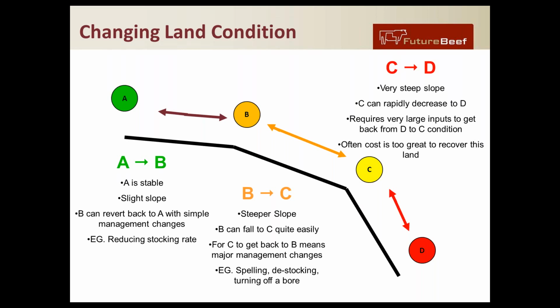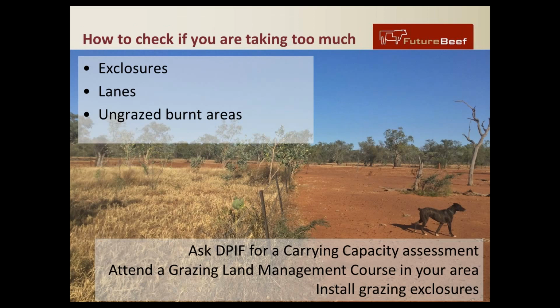So we're coming towards the end now, and I just want to give you a couple of strategies to check to see how much you're taking. If you have any exclosures on your property, such as ones that were set up for the Swiftsend trials back in the day, or perhaps turkeys' nests are good exclosures as well.